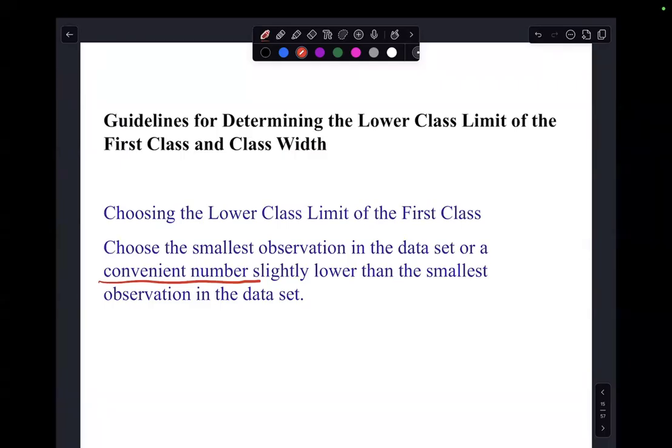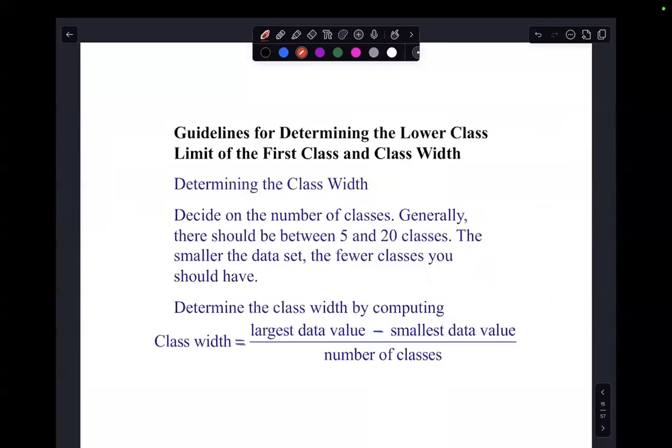I'm going to show you how our curriculum finds the width, but I don't like it. You'll see why in a second. All right, so here's what they do. They say between 5 and 20 classes. I like 5 and 12. Our curriculum thinks that you should choose the number of classes you want first.